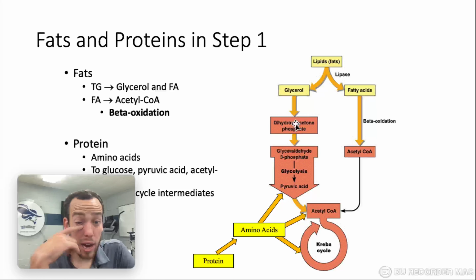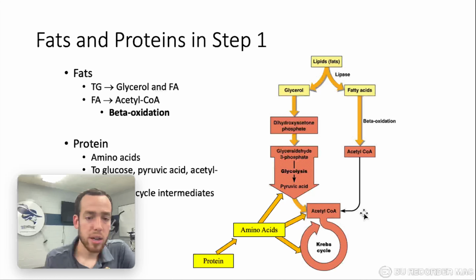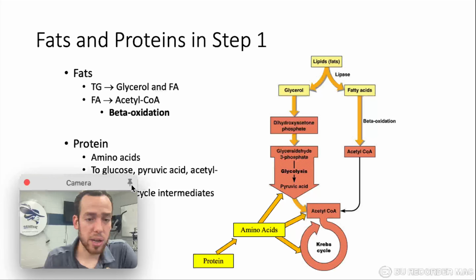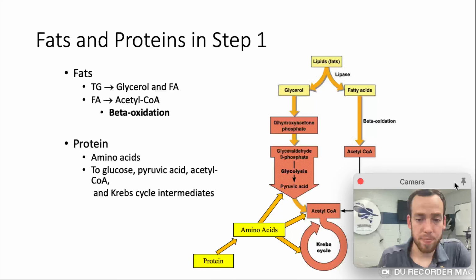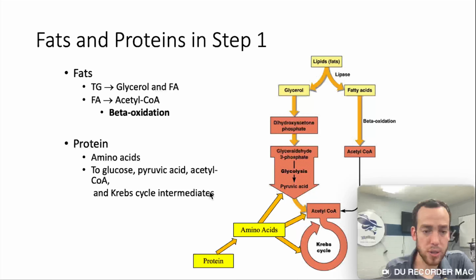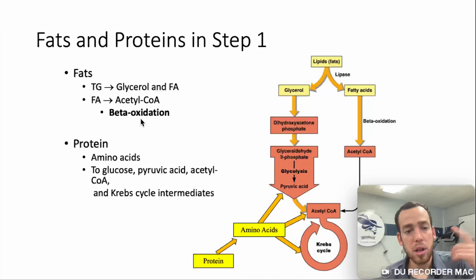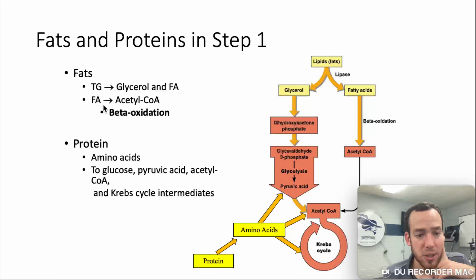Similarly, we can get fats. If we want to start this Krebs cycle, if we can get to acetyl-CoA, then we can start the cycle, right? So amino acids, you can go through gluconeogenesis to produce glucose, pyruvic acid, acetyl-CoA. But what you can also do is fats is a big energy source, particularly aerobically. We'll talk about that in a different video. But these fatty acids can be broken down to acetyl-CoA through a process called beta oxidation.